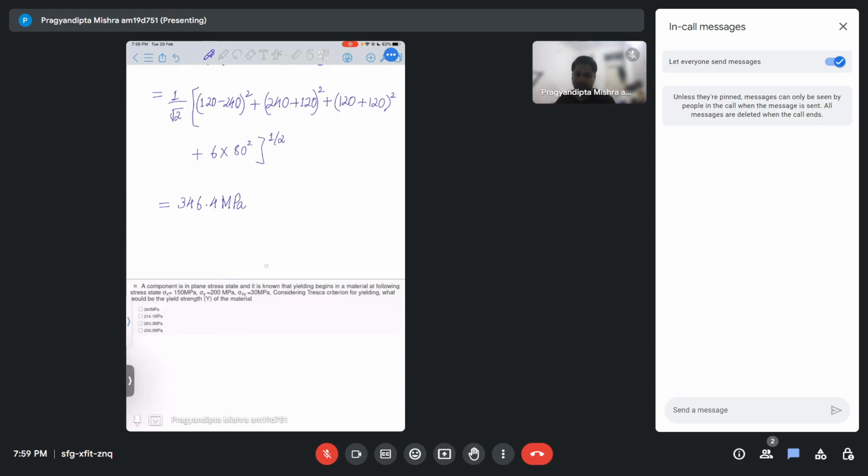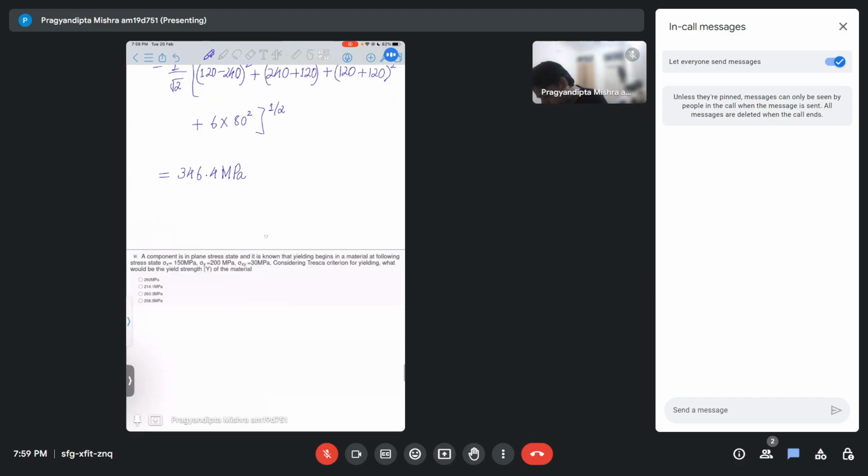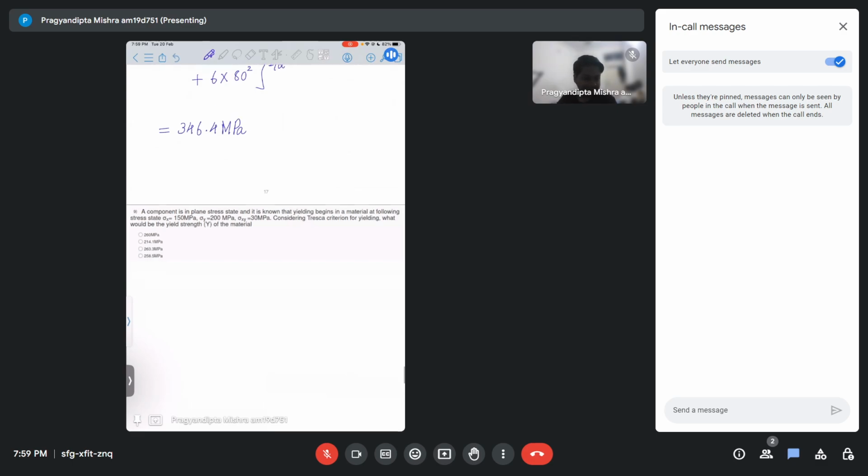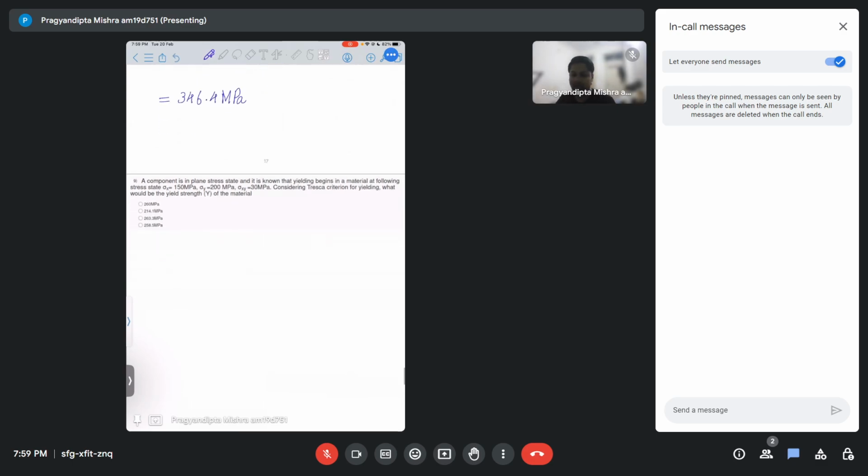Okay, we're almost running out of time. But let's just do this one question and then we will end it. A component is in a plane stress state and it is known that yielding begins in a material at the following stress state.